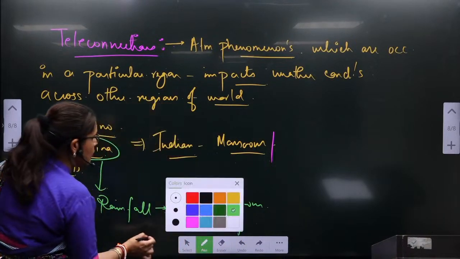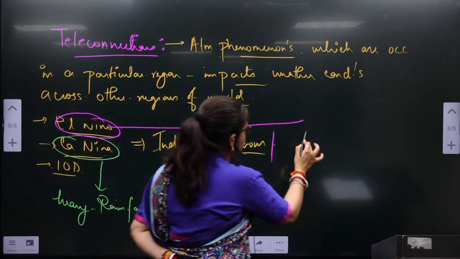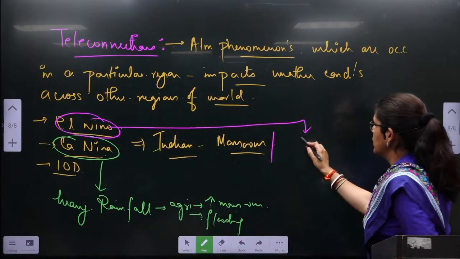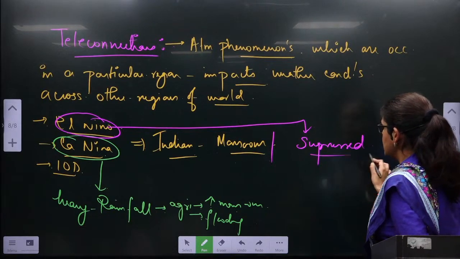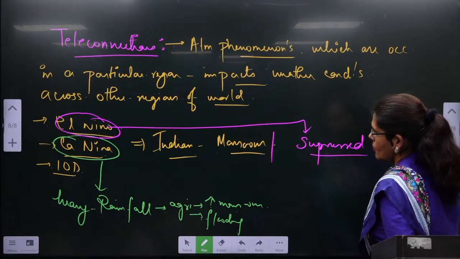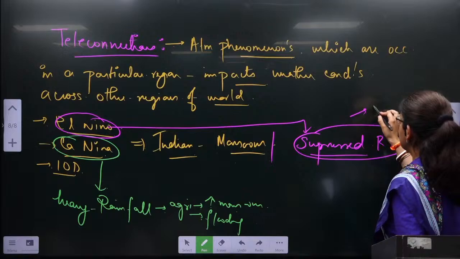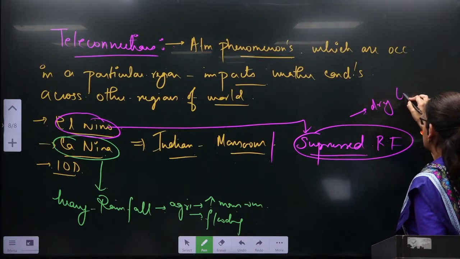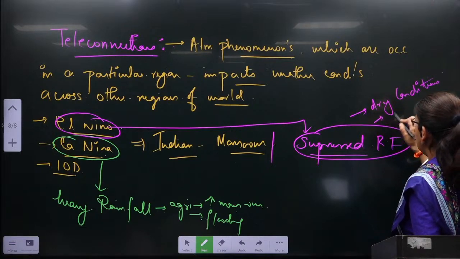Now when we talk about El Nino, the rainfall would be suppressed. This is the general observation. So dry conditions would persist, with less than average rainfall.